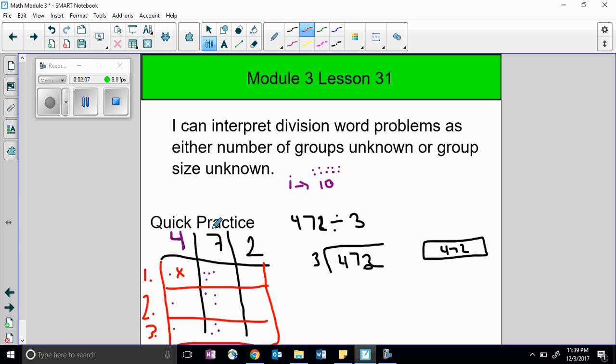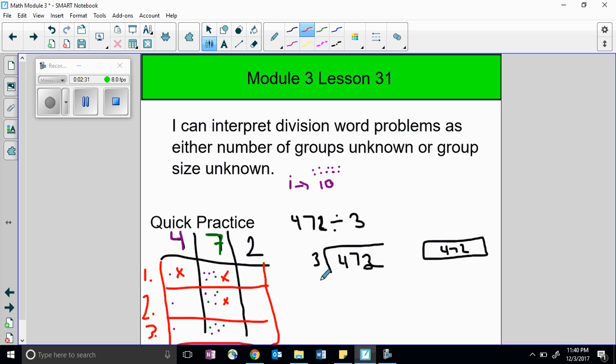Now remember, when we move on to this 7 right here, we have not actually done this 7. We've only done the 4. There's 4 here, there's 3 here, so I'm going to start off my 7 here. 1, 2, 3, 4, 5, 6, 7. Oh no, we've got a problem. This and this dot do not make an equal group.